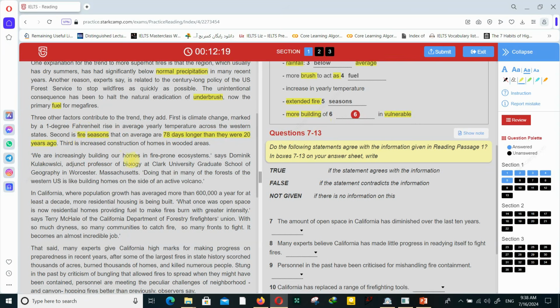The next sentence, increased construction. More building, increased construction. You can write it down. These are the paraphrasing. More building, increased construction of homes in wooded areas. Wooded areas means vulnerable places. When the areas are actually created by wood, they are so vulnerable, especially against fire. So more building of homes is the right answer.